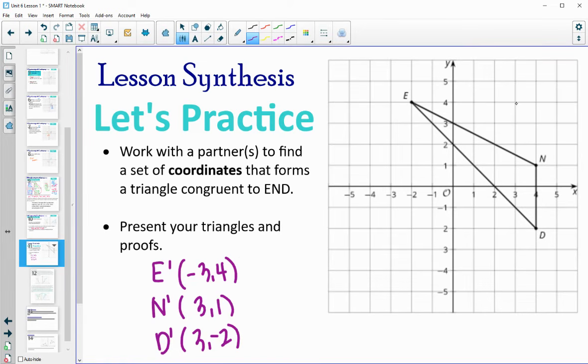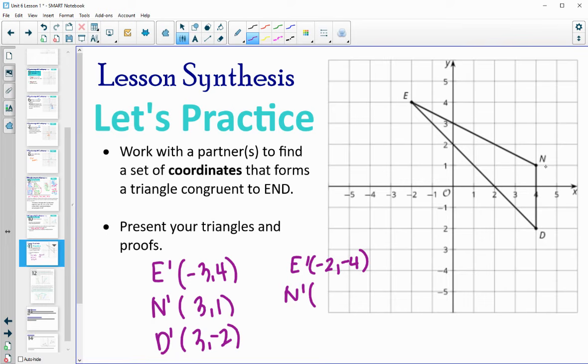So these are just moving it to the left. You could reflect over the x-axis. So if you did that, you've got -2, 4. So we know it's 4 above here, so it's going to have to be 4 below. So then that new point is going to be -2, -4. Then for N, N is 4, 1.